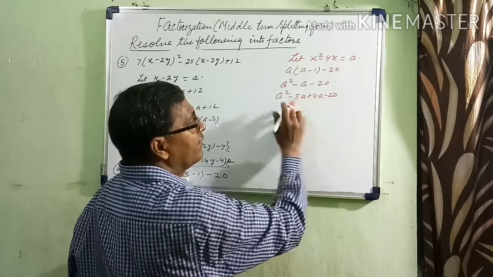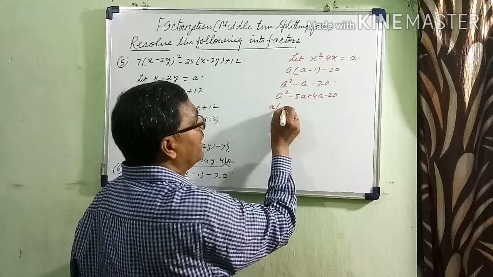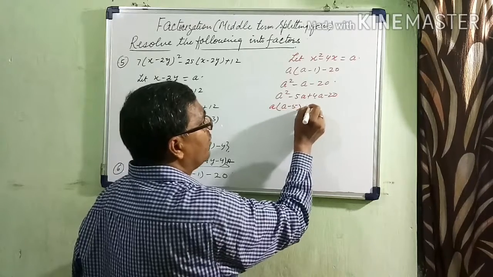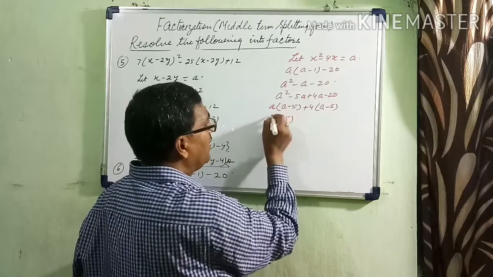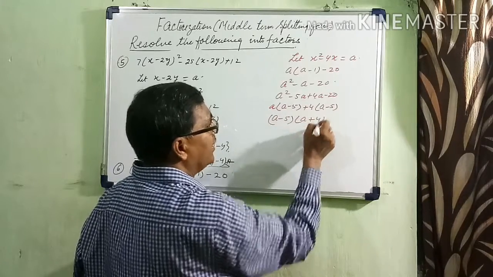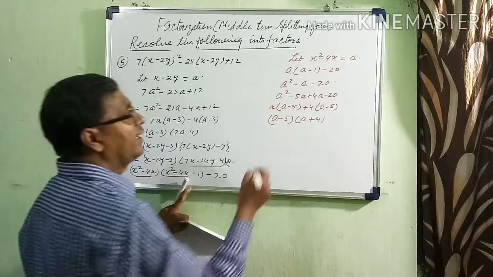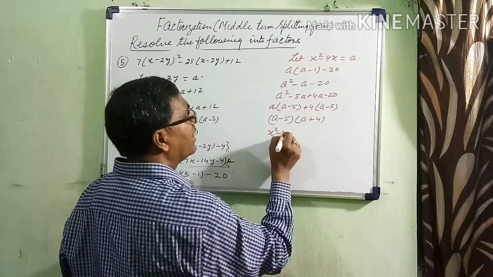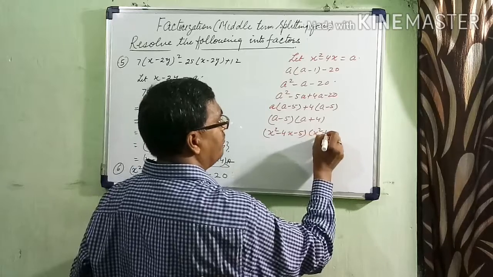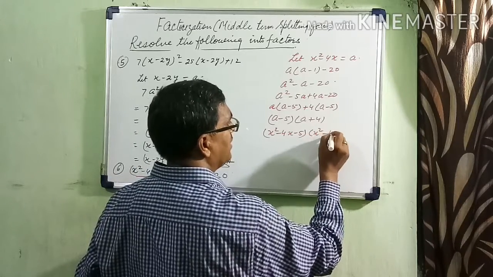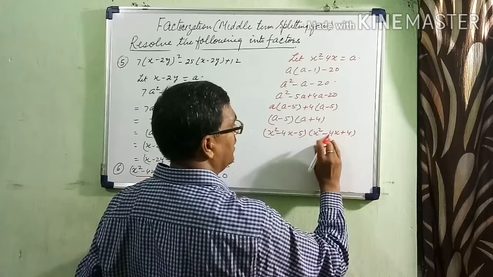The bigger part is negative, and from here a common a minus 5, from here 4 common a minus 5, and a minus 5 into a plus 4. Now substitute the value of a. What is that? x square minus 4x minus 5, x square minus 4x plus 4.